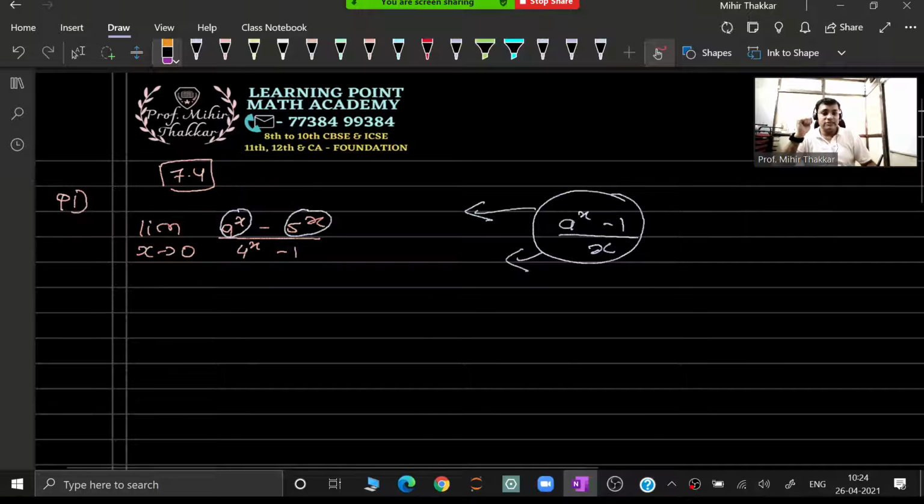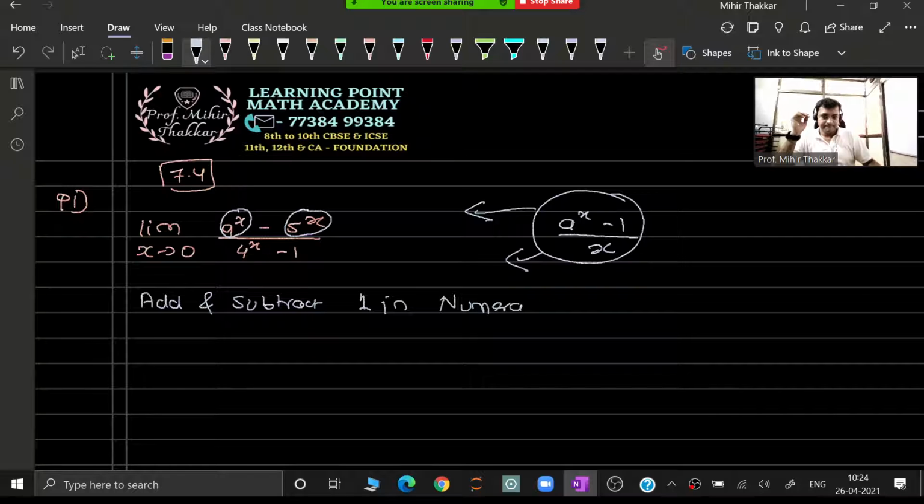In order to adjust minus 1, the easiest idea that you can follow is add and subtract 1 in the numerator. So if you do that, it will become limit as x tends to 0, 9 raised to x minus 5 raised to x plus 1 and minus 1.